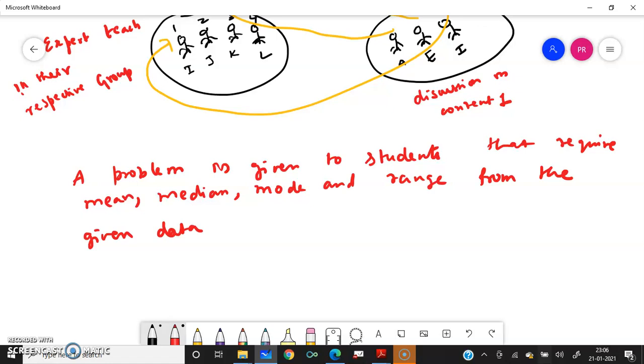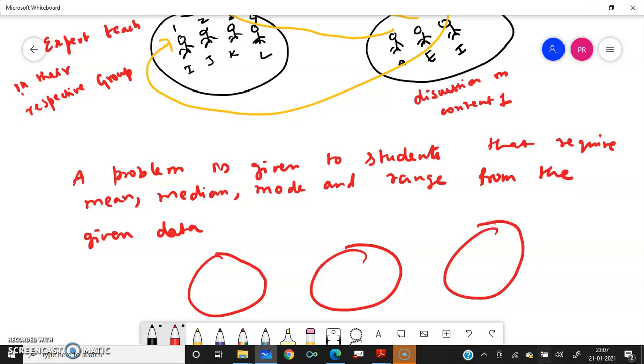So divide the students into groups of 5 to 6 persons, jigsaw groups. The topics are 1 mean, 2 median, 3 mode, 4 range.